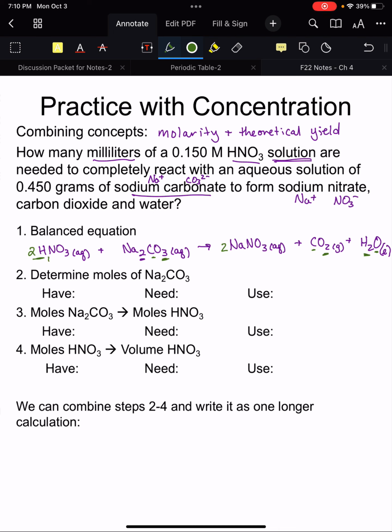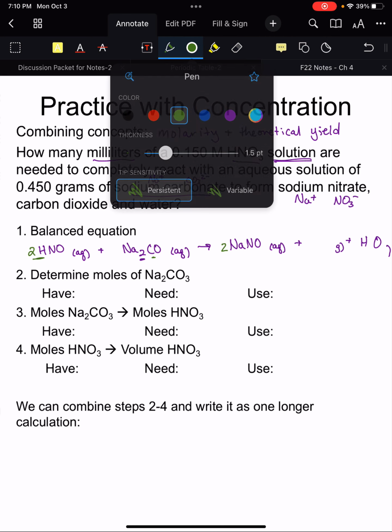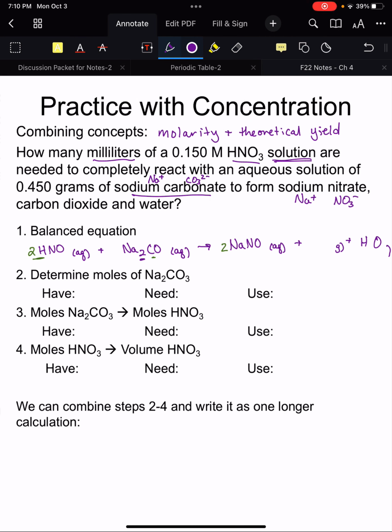Notice I balanced nitrate as a group because it made it a lot easier to pay attention to where my different things were going. It made it easier to track the O's when I was able to keep the O's from the polyatomic together versus the O's from the rest of the problem.